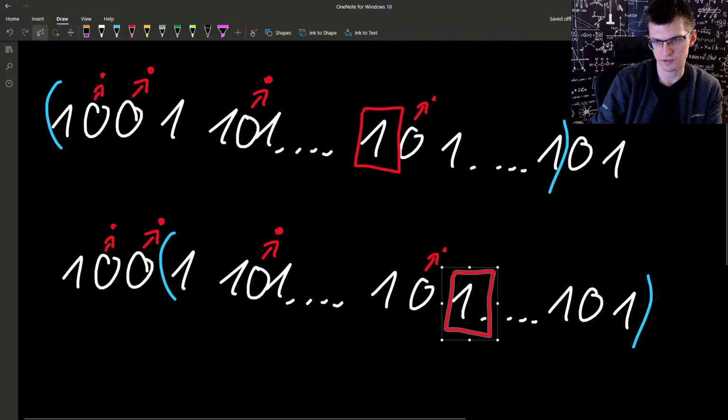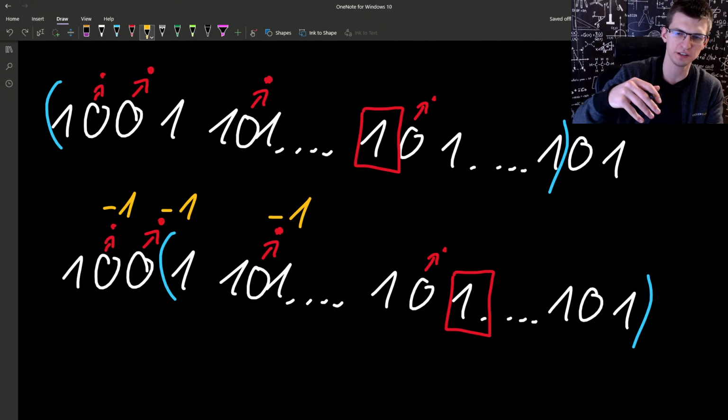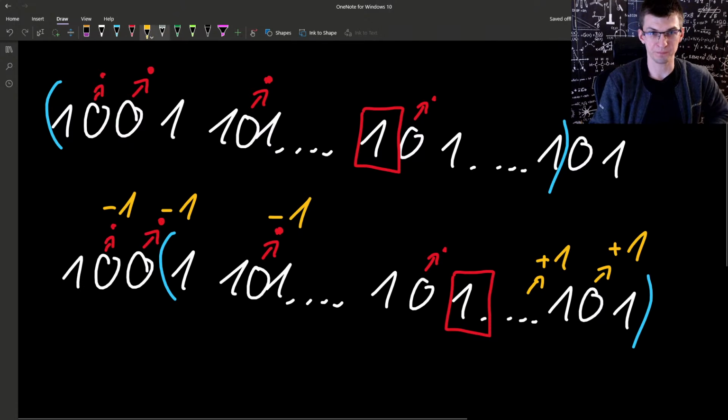The meeting point gets there. All these get -1. I'm not sure about this thing because now it was on the right, now it is on the left. But all zeros on the right get +1. So I would say this.